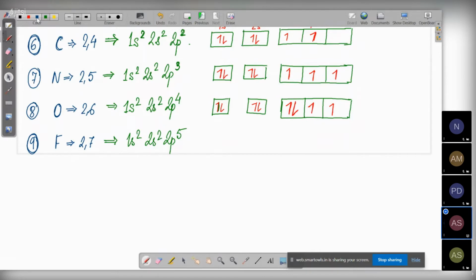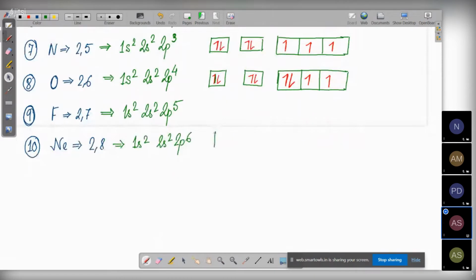Then you will get number 10, that is neon. Neon is a noble gas, 2,8. The configuration of neon is 1s2, 2s2, 2p6. It is going to look like this.